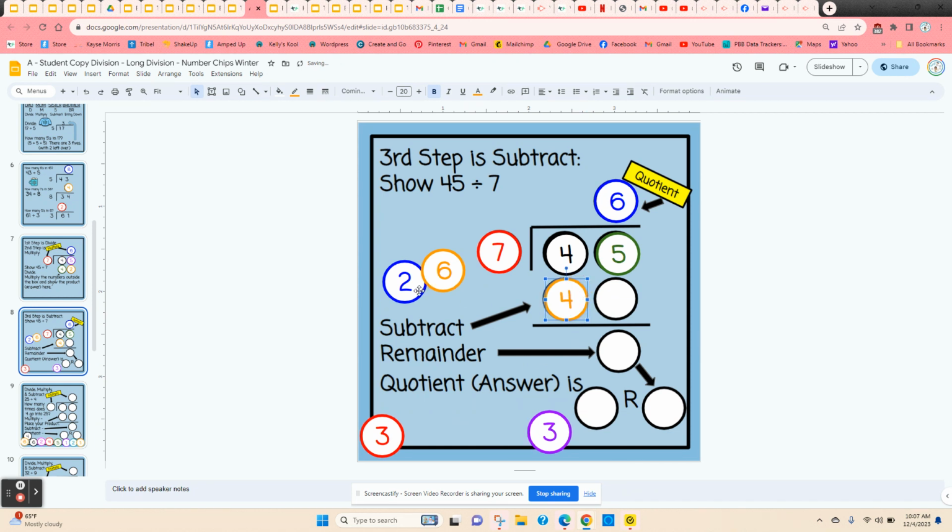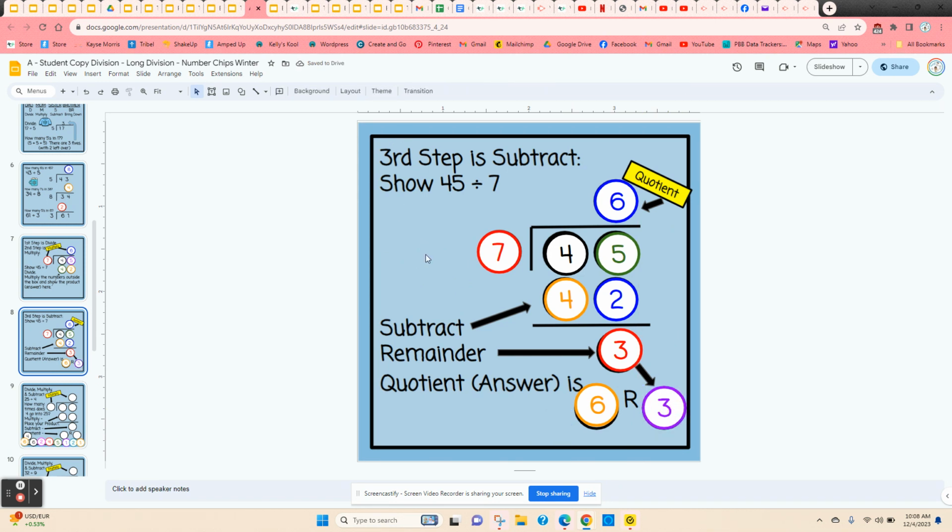So just a repetition of these steps. And then they're going to use the next step, which is subtract. They get 3. And now they're finished with the problem. So the answer is 6. And that's our quotient, remainder 3.